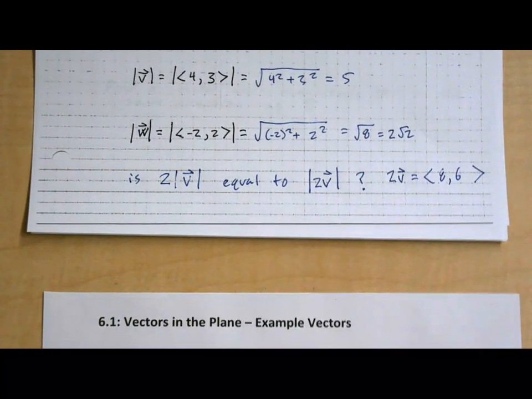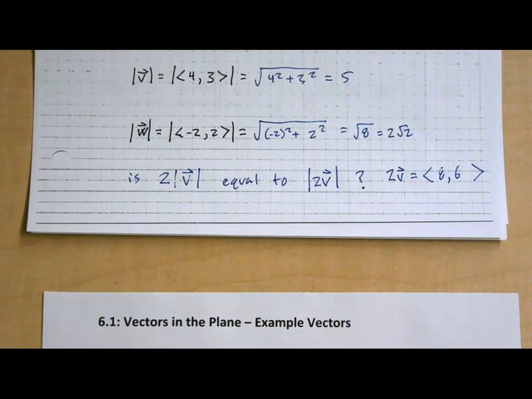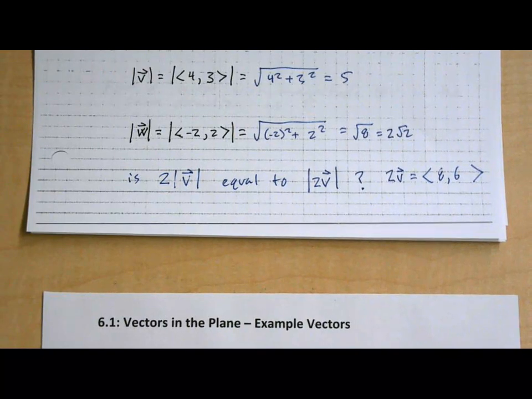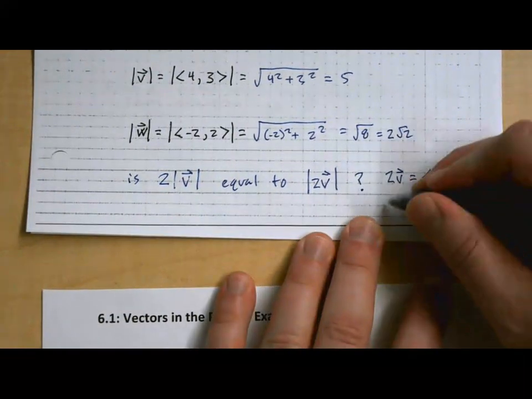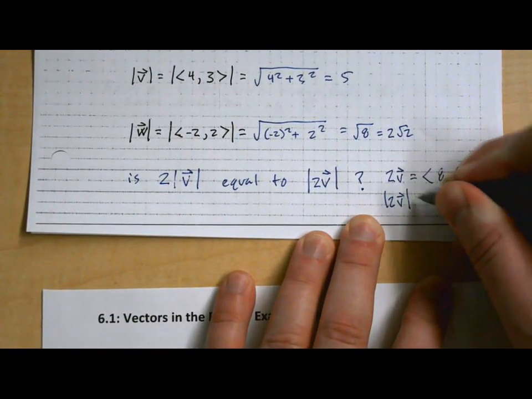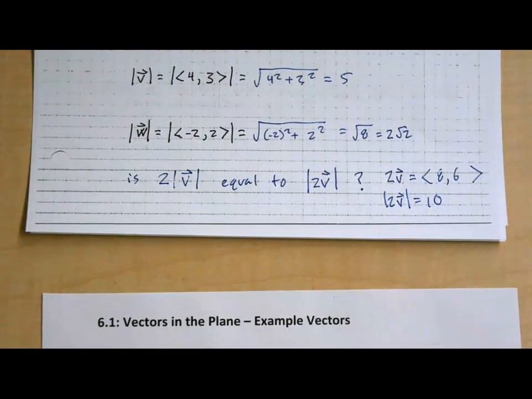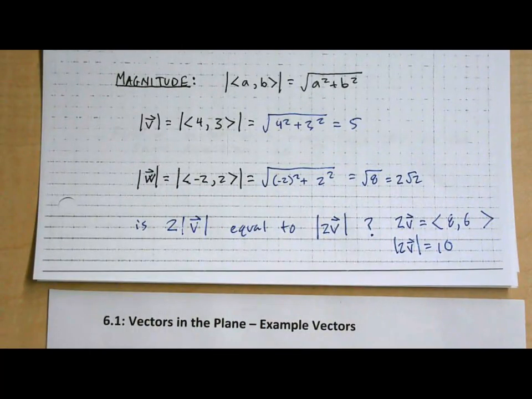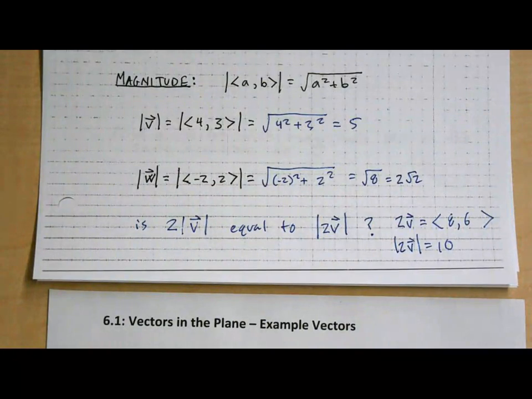And what's the magnitude of 8, 6? And the square root of that is? So the magnitude of this vector is 10? It's another 3, 4, 5 triangle. That's twice as big as the magnitude of vector v. So I would say in this case, they are the same thing.